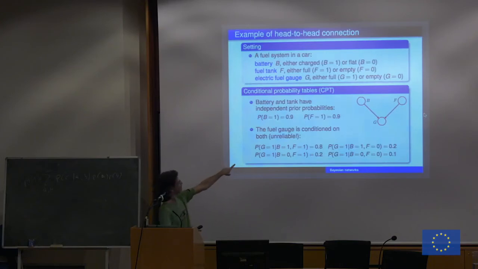If the battery is 1, so charged, and the fuel tank is full, the probability that the gauge is up is 0.8. Say it's not very reliable, or you don't see very well. If battery is 1 and fuel is 0, you get 0.2, much less. If battery is 0 and fuel tank is 1, 0.2. If both are 0, you get 0.1.